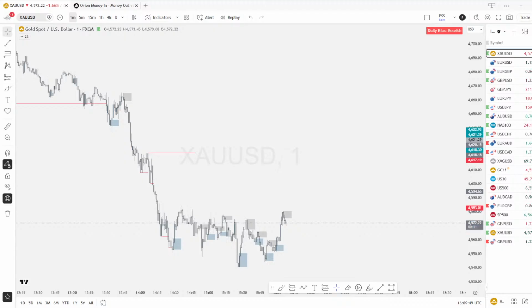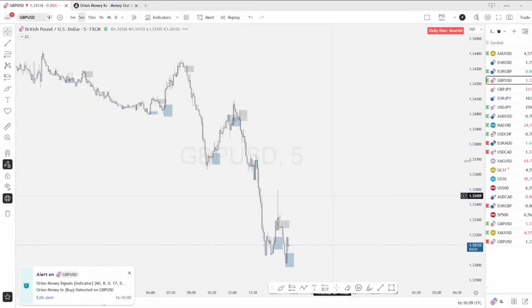Set yourself an alert and allow price action to play out whilst you do other things. We don't want to be completely consumed within the charts 24/7 because 95% of the price action is not going to be price action you're trading. Obviously, this is not the case for everything, but a lot of the time, this is going to be the case.